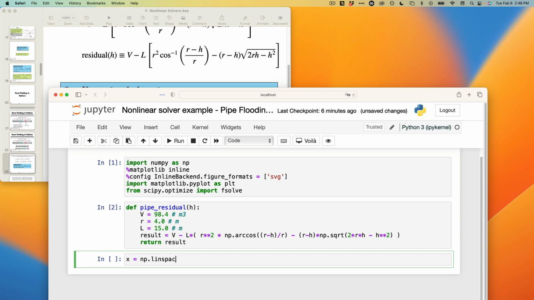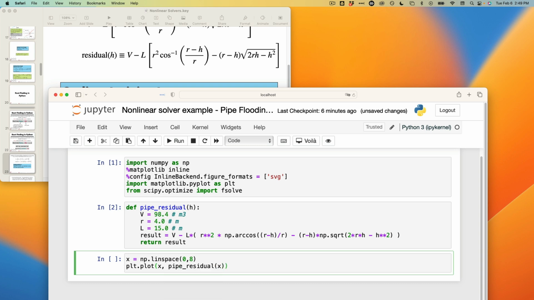This is np.linspace from, let's say, 0 to 8, because h cannot be more than 8 because the radius is 4, the diameter is 8. So the height of the water can be no more than 8. It only goes from 0 to 8. So it makes sense to plot that residual between 0 and 8. And simply plt.plot x and pipe residual x.